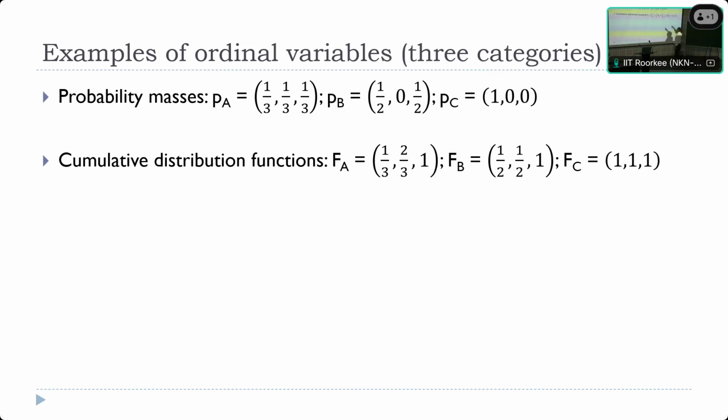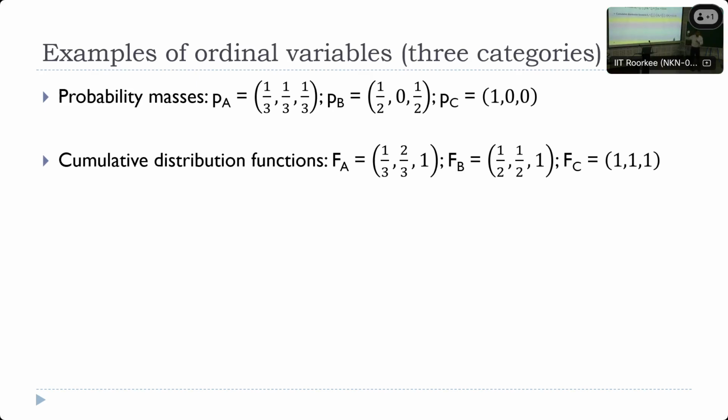In the first one, you have 1/3 of the people in each category. In society B, half of the population are in the first category, that means they're bad, and half are good, with no one in the middle category. And in society C, everybody is in the bad category.